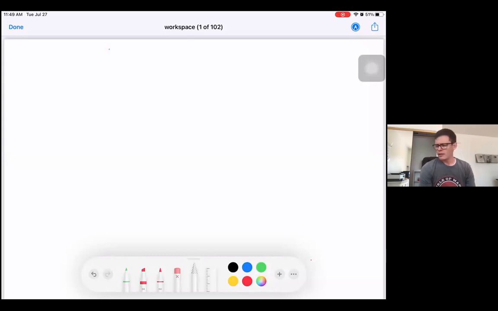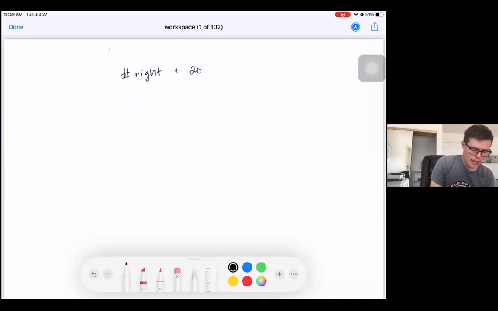So yeah, okay, the way that you find out your grade is you take the number you got right, you add 20 points, and you divide the whole thing by 71.